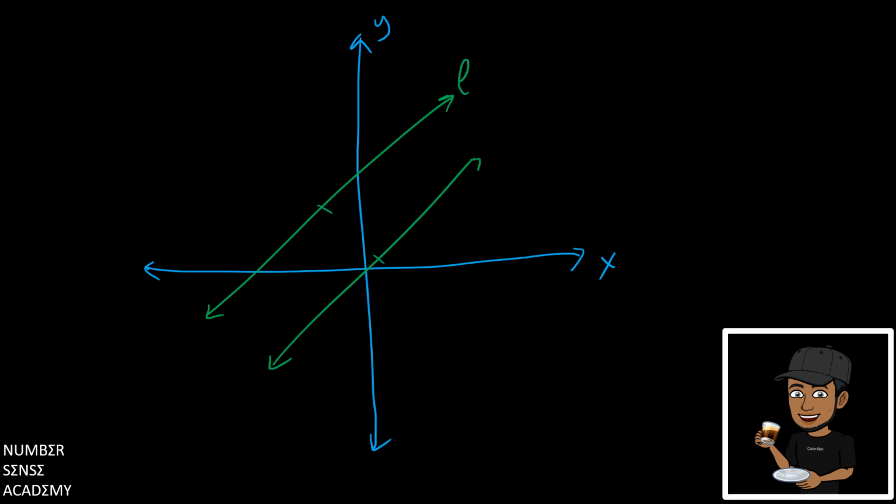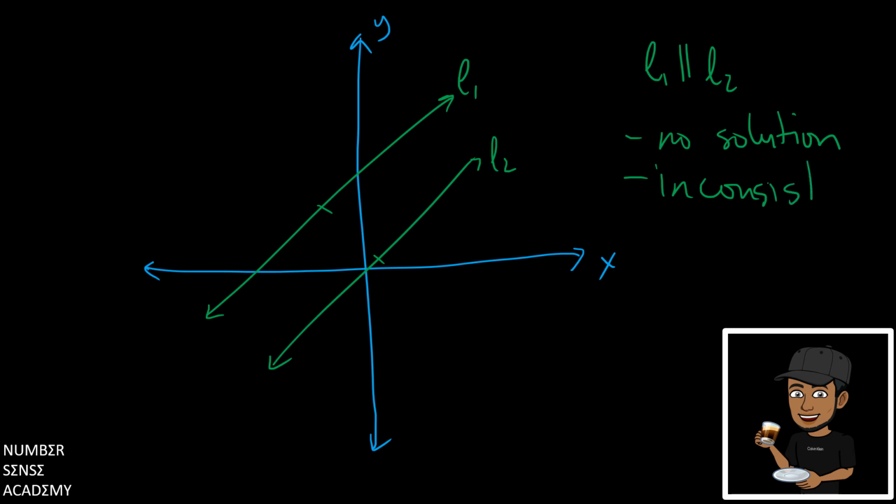So L1 is parallel to L2. That means there's nowhere these two lines are going to intersect. So there's no solution. There's absolutely no solution here. Okay, so this is an inconsistent system. Right?